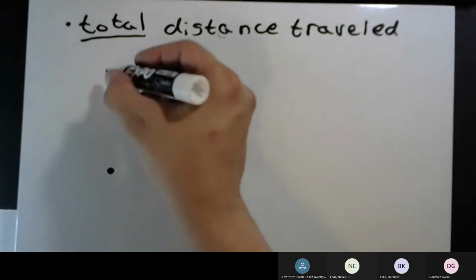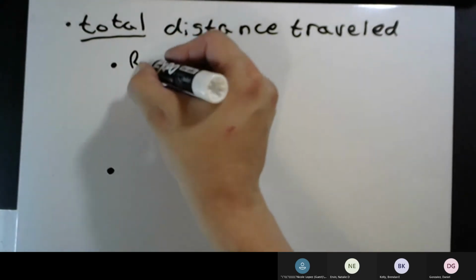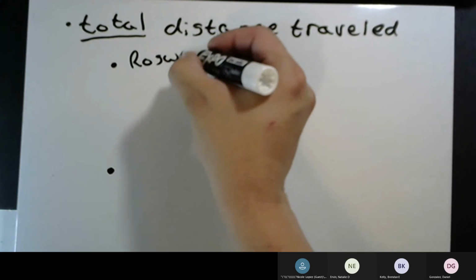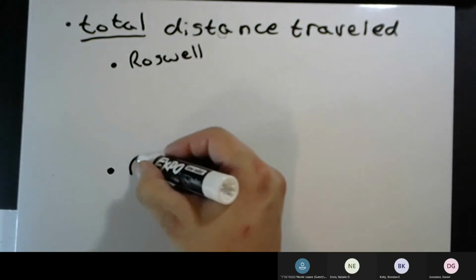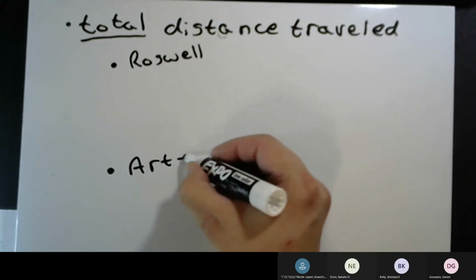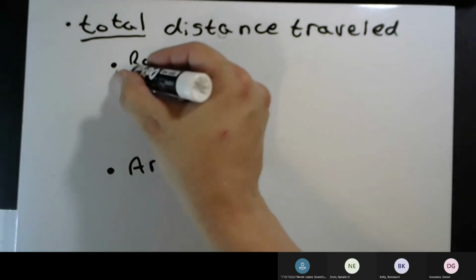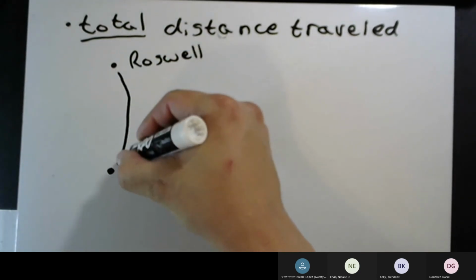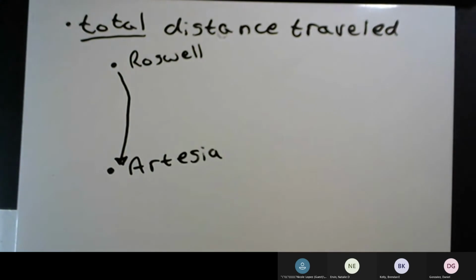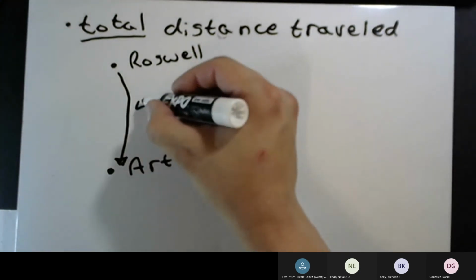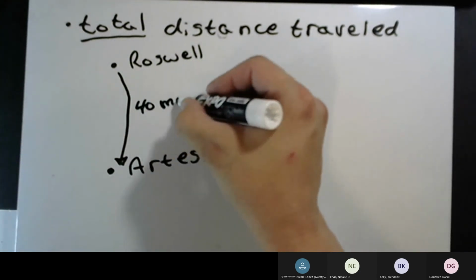So let's say you're looking at distances. You're going to travel from Roswell to Artesia. So you go south, you hit Artesia, that's about 40 miles.